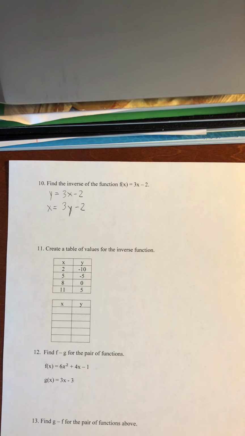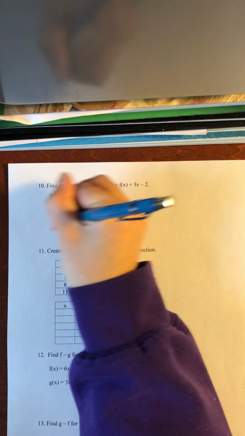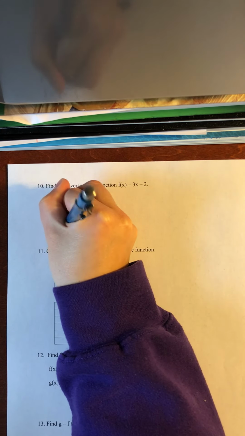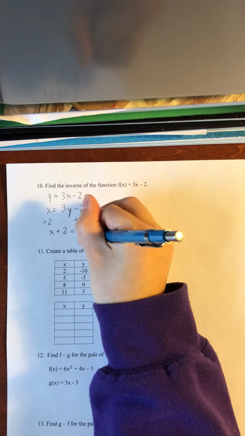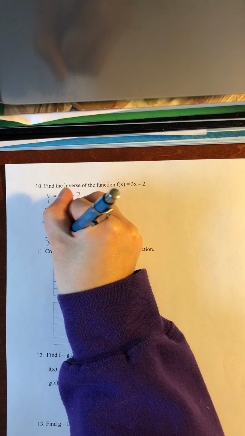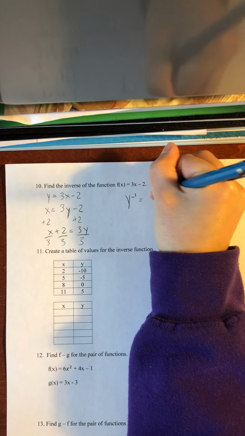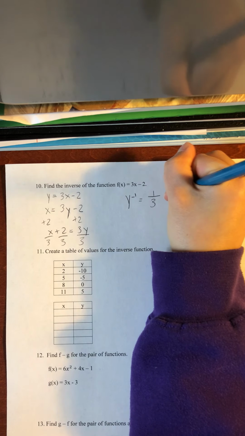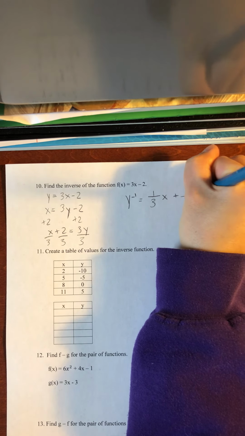So now we have x equals 3y minus 2. The next step is to solve for y, so we're going to add 2 to both sides. So now we have x plus 2 equals 3y. And then the last step is to divide everything by 3. So now we have y inverse equals 1/3 x plus 2/3.